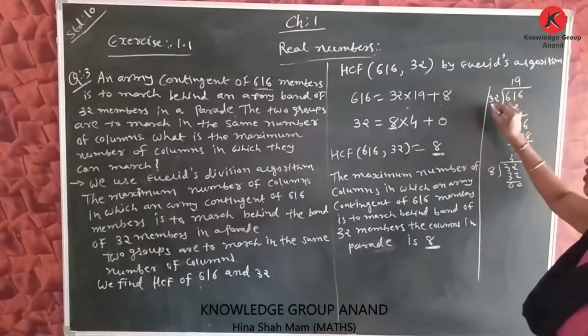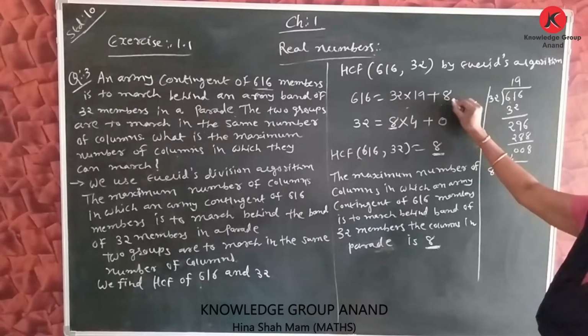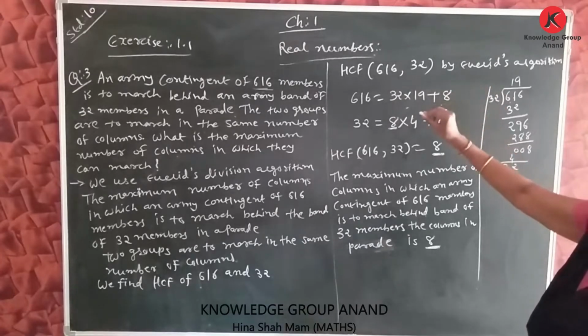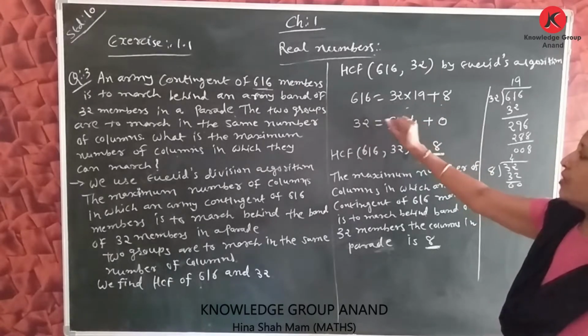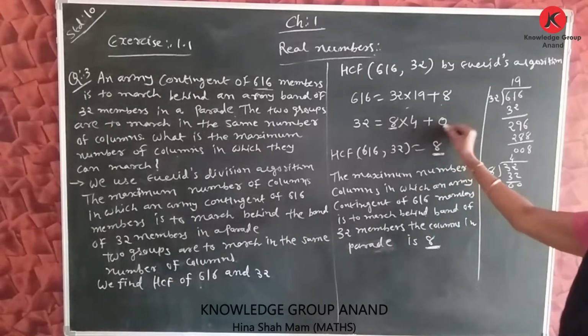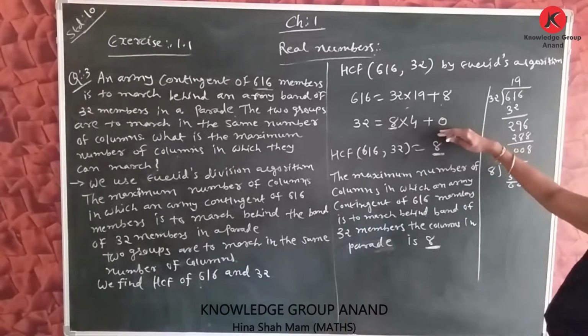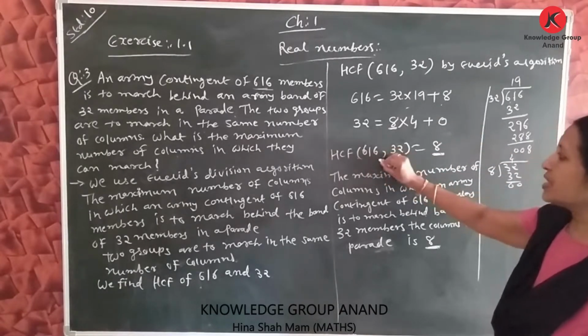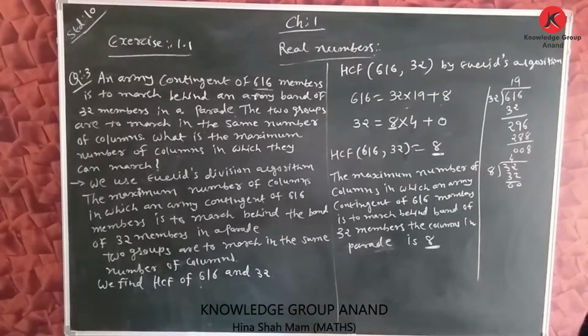Then 616 divided by 32, we get 616 is equal to 32 into 19 plus 8. Now 32 divided by 8: 8 fours are 32, and the remainder becomes 0. If the remainder becomes 0, we stop our procedure. Therefore, HCF of 616 and 32 is 8. Therefore, 8 is the maximum number of columns in which they can march.